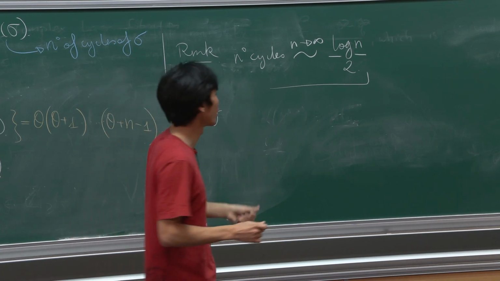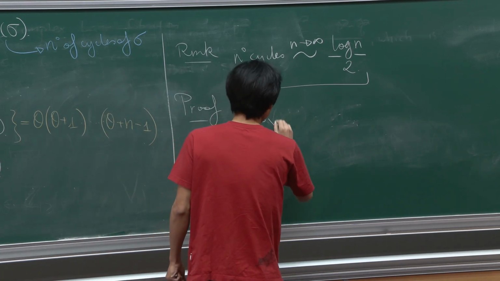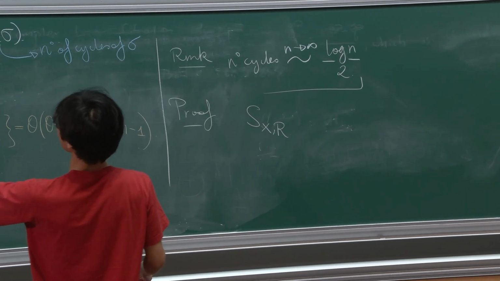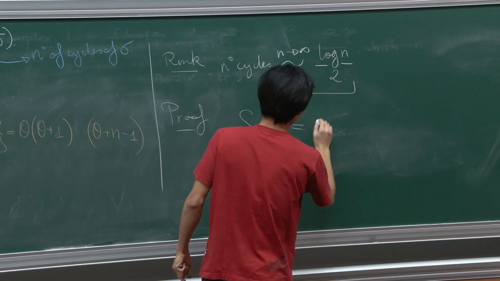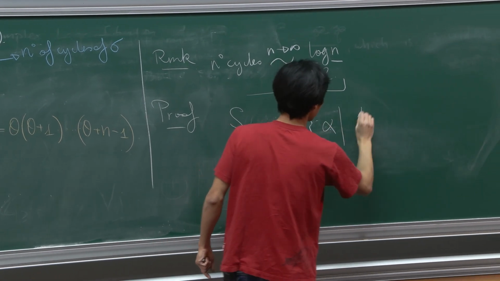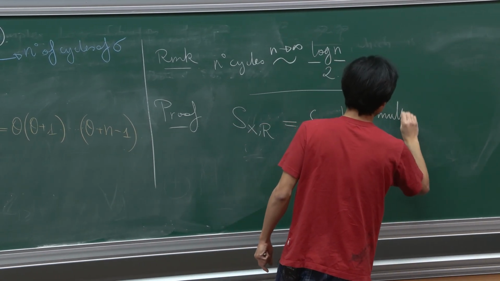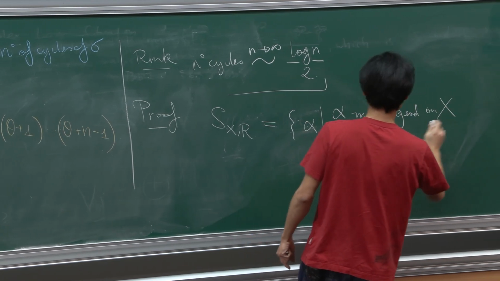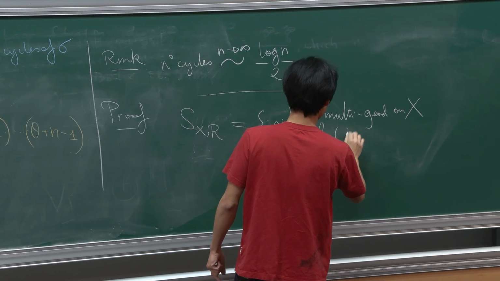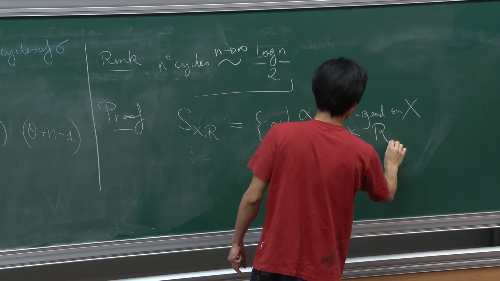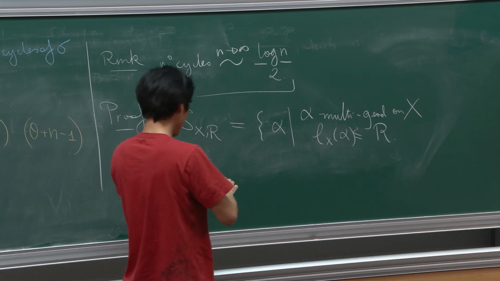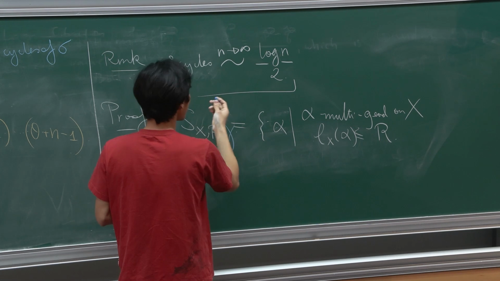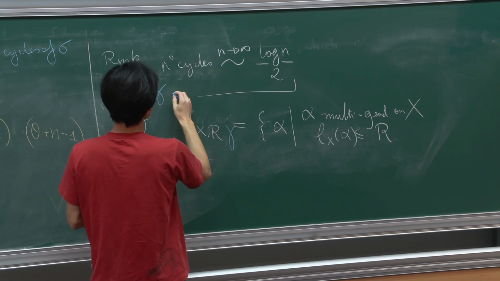So what will happen? In place of considering a multi-geodesic alpha of length smaller than r, I put in another parameter, gamma, which is a given multi-geodesic.